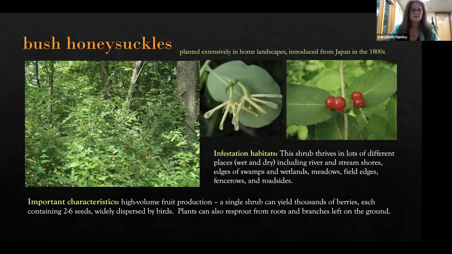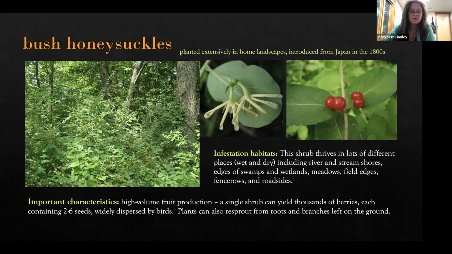It can be on a river floodplain, on the edge of a swamp or a wetland, in a field, or on the side of the road. It has very high fruit production. A single shrub can yield thousands of berries. Each berry has 2 to 6 seeds. This plant has basically been spread, and continues to be spread, by birds.